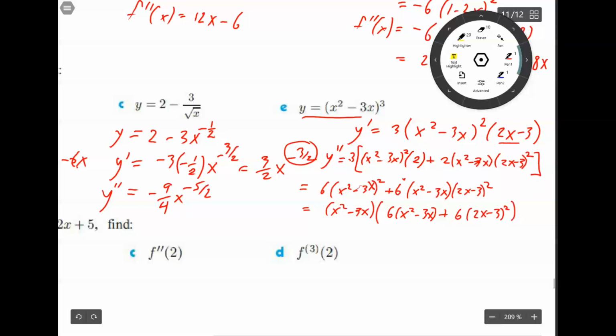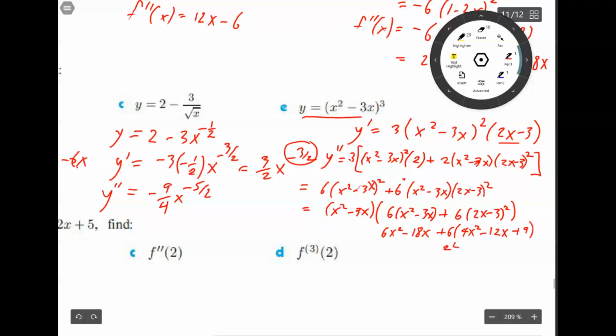And then we can take this and try to combine like terms, okay? So 6x squared minus 18x plus, and then we'll have 6 times 4x squared minus 12x plus 9.